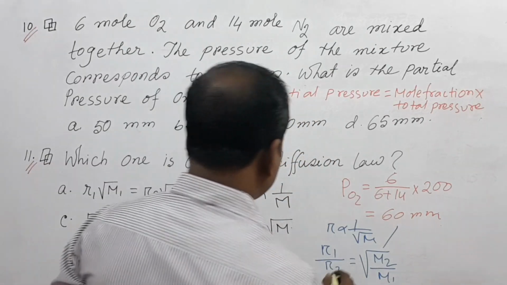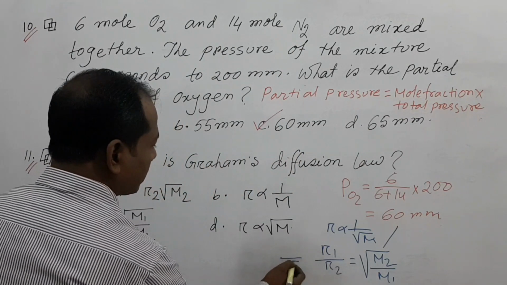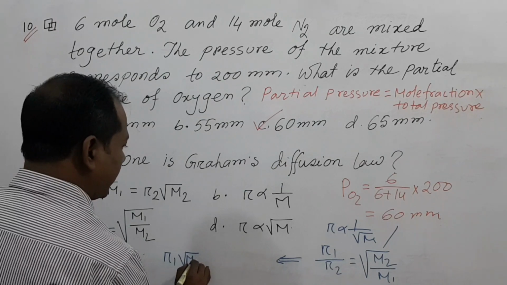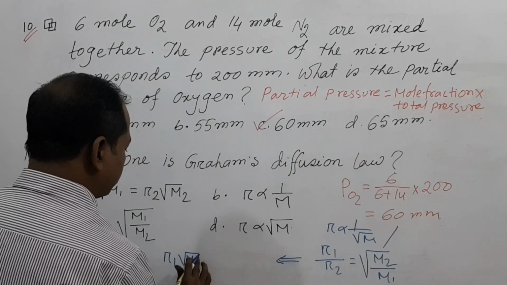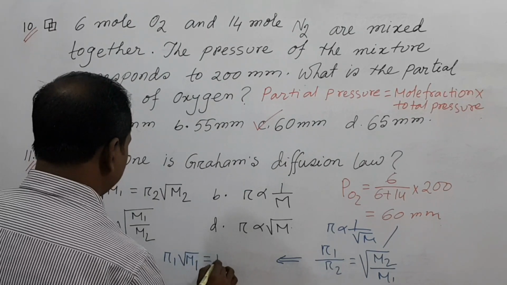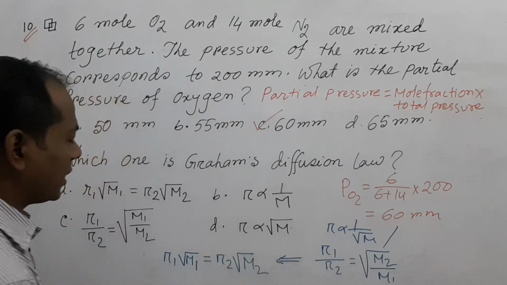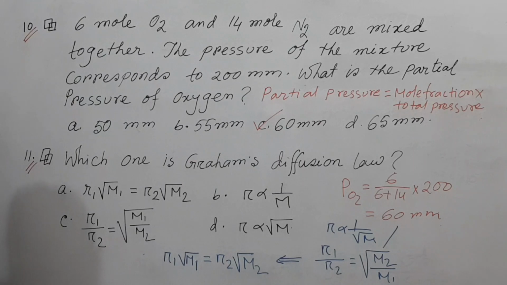So we can write here R1 root over M1 equal to R2 root over M2, and for this case the answer is option A.